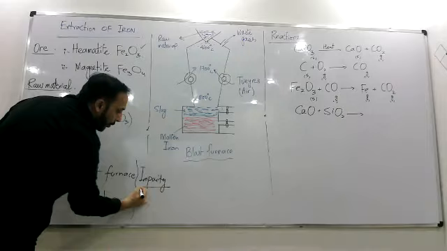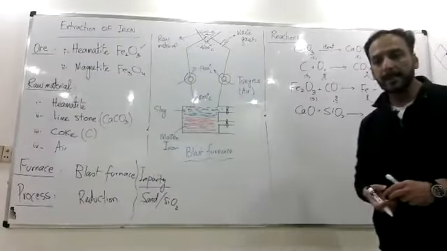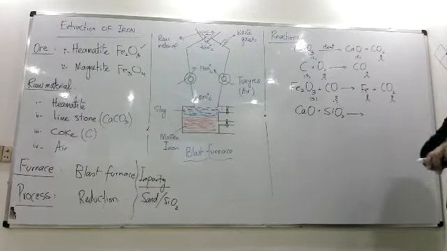So the impurity in the ore is the sand, which is silicon dioxide, SiO2. So sand is the impurity. This calcium oxide reacts with the silicon dioxide, and that makes calcium silicate, CaSiO3. This is called slag.